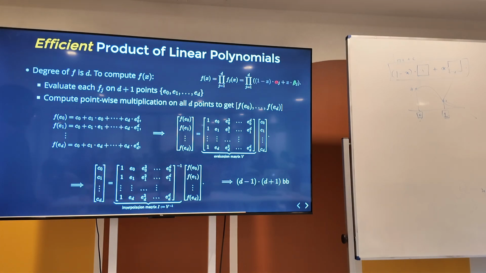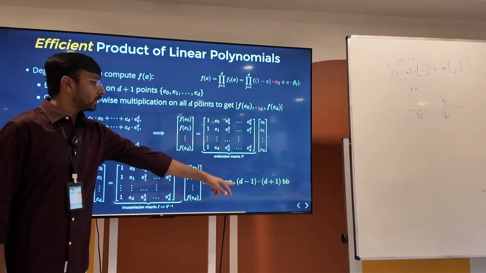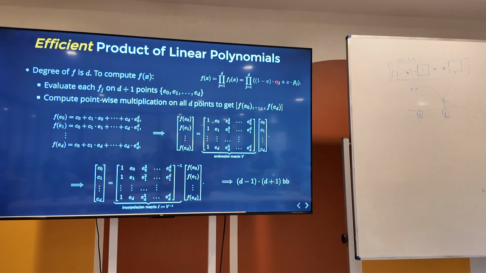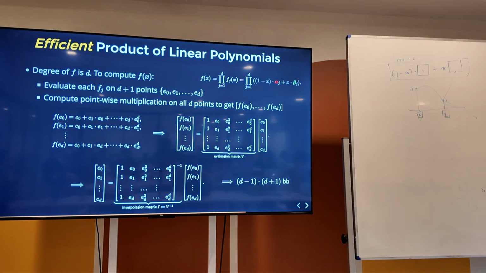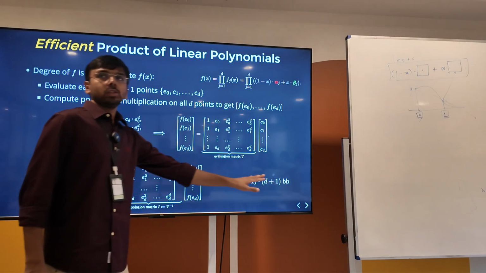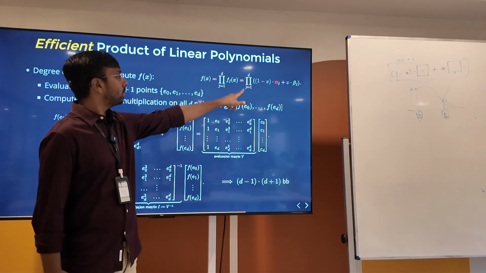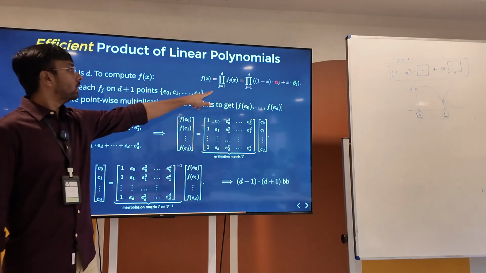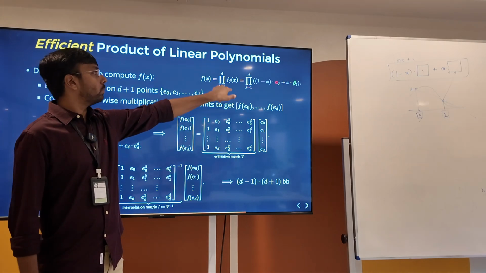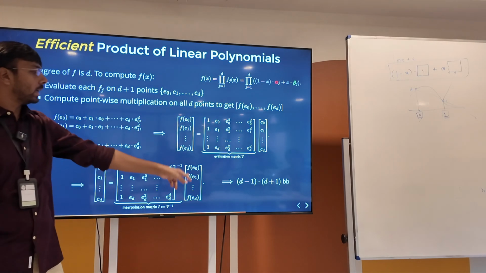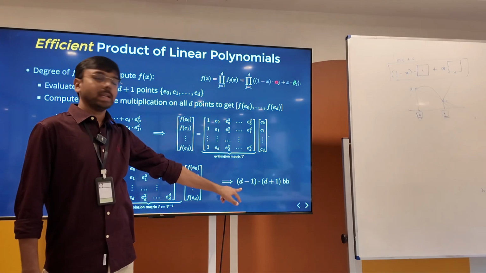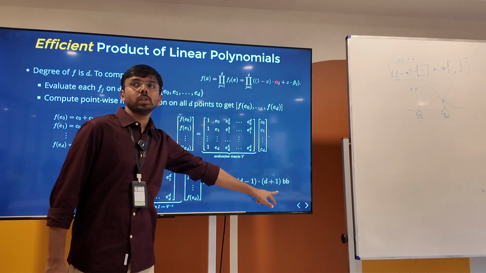So if that is the case, then we just need d minus 1 times d plus 1 base field multiplications. And why is that? Because you have d plus 1 evaluation points, and on each evaluation point you want to compute this term, right? Computing d products requires d minus 1 multiplications, and you have d plus 1 such evaluation points.